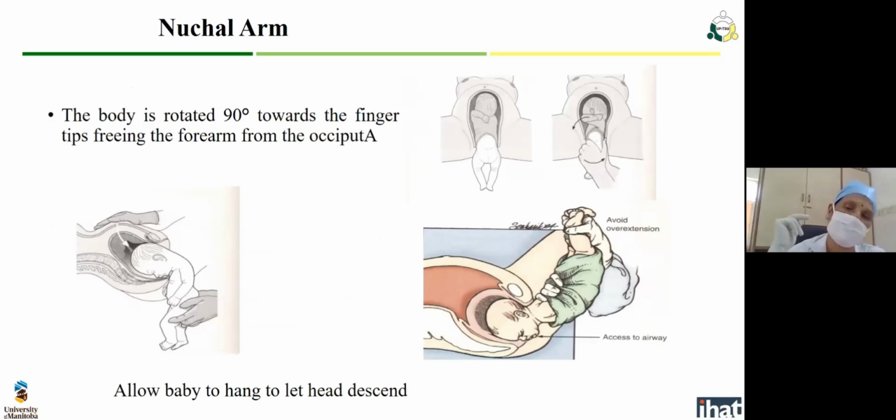When you rotate the baby 90 degrees, the hand will slip out. That is for the nuchal displacement, when the arm is not extended. For the extended arm, use the Løvset method or classical method and deliver the posterior shoulder.